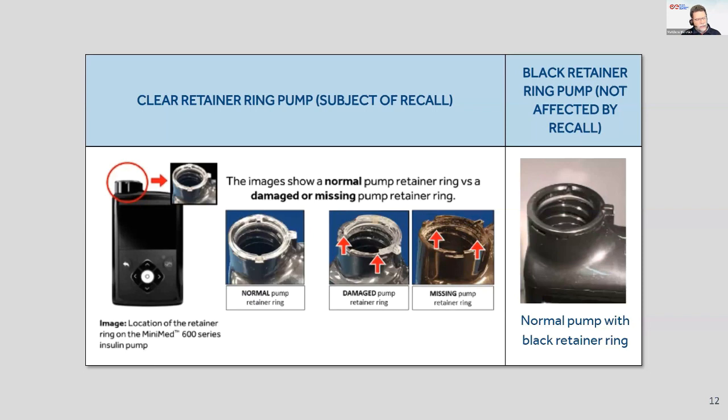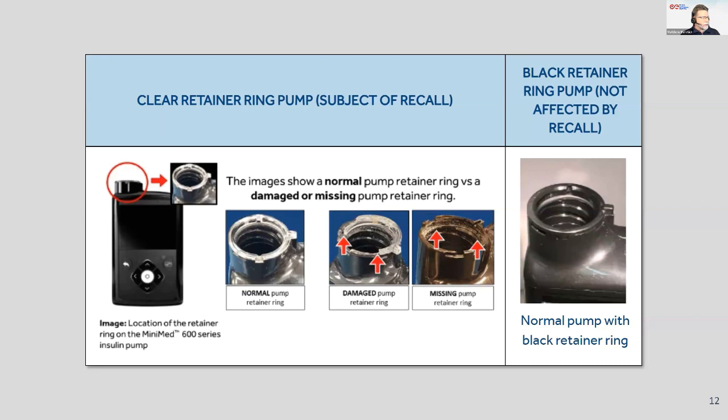And this crack could interfere with the ability to hold that vial in place, and the result is that you can have either high or low infusion rates, which can be detrimental, and certainly has been detrimental in a number of cases for patients who are dependent on this insulin for their health.